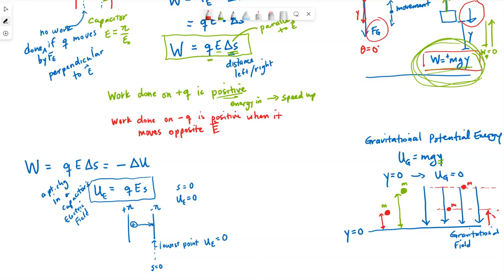So this height, I'll call it y1, being smaller than the height y2, this mass would have less gravitational potential energy, simply because it has a smaller distance to travel to get to the ground. This one would have more potential energy because it is higher. It has a larger distance it can travel before getting to the ground.